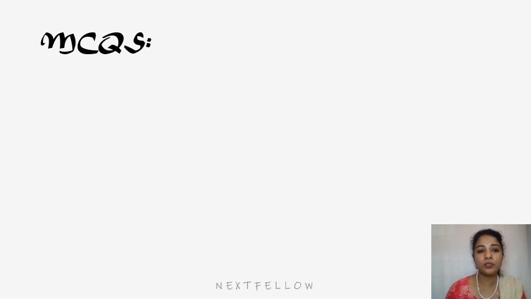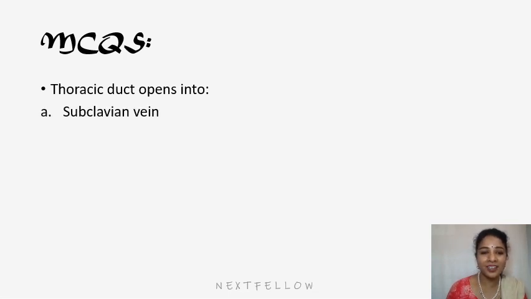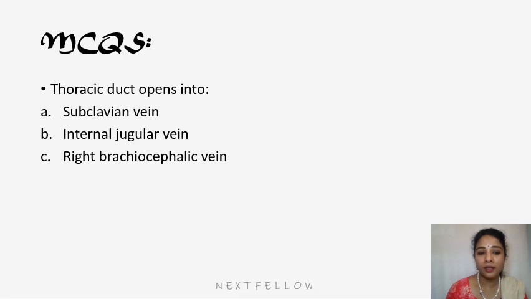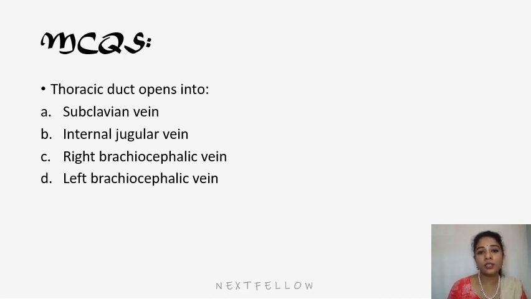Let's see some MCQs related to thoracic duct. So thoracic duct opens into, I hope you all know the answer. Subclavian vein, internal jugular vein, right brachiocephalic vein, left brachiocephalic vein. So it goes into the left side. So it opens into the left subclavian vein.